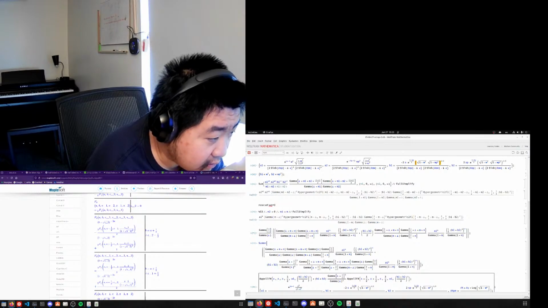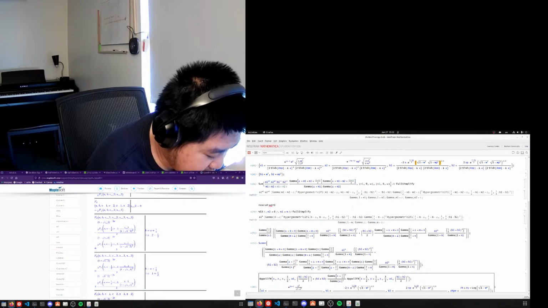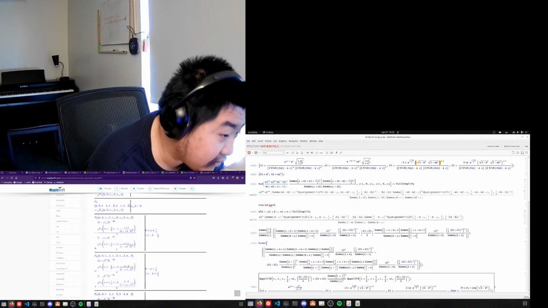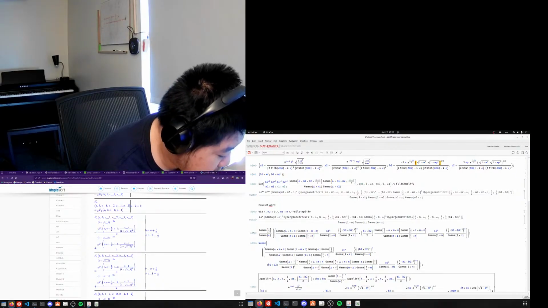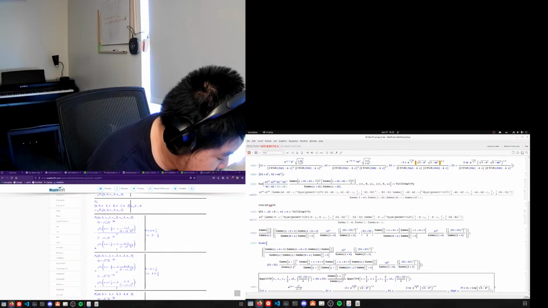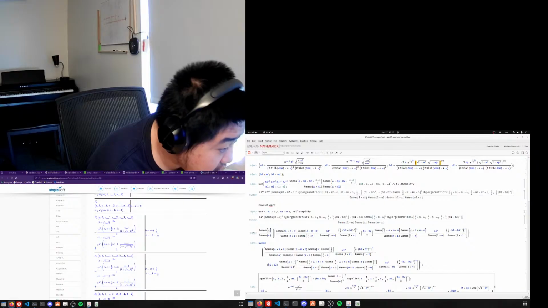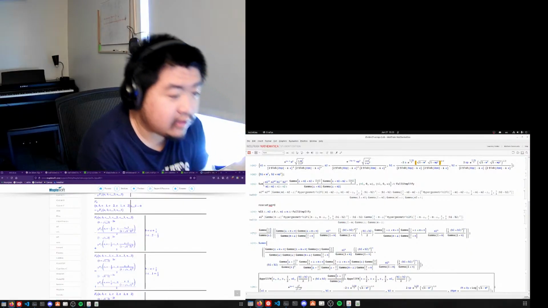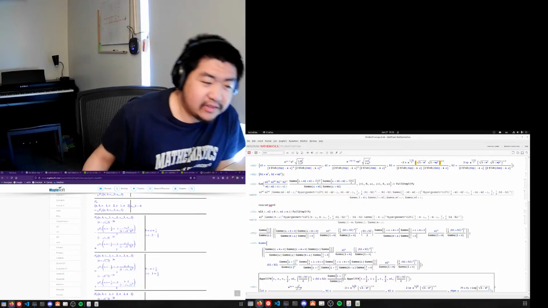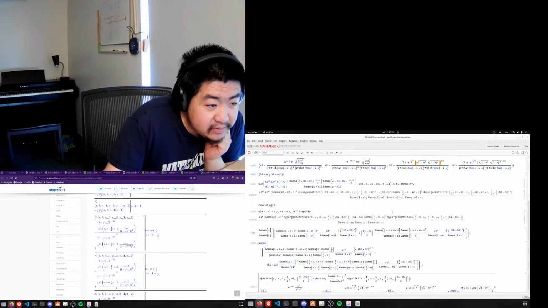Another ingredient is that you can actually compute this boundary to bulk 2-point function, which is neat. Well, at least in terms of these Appell F4 functions, I don't know if Maple can probably plot these.